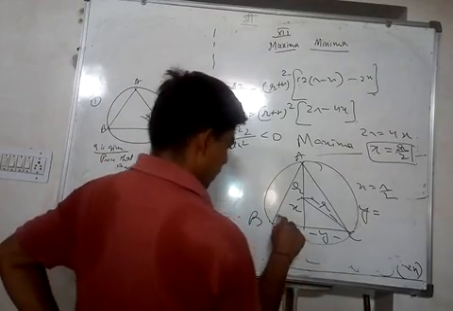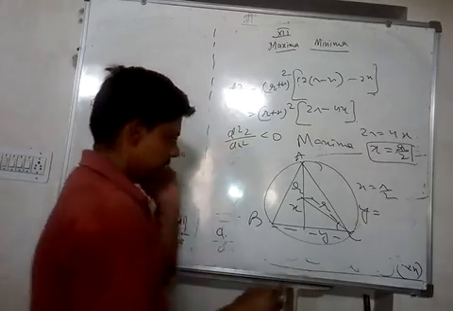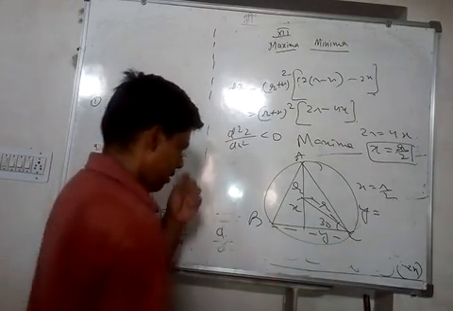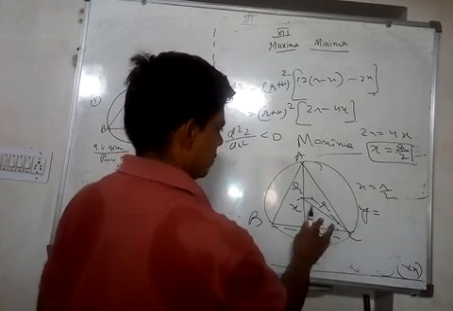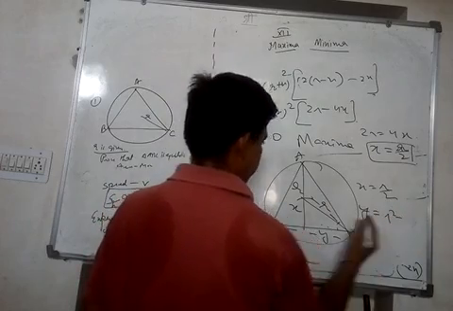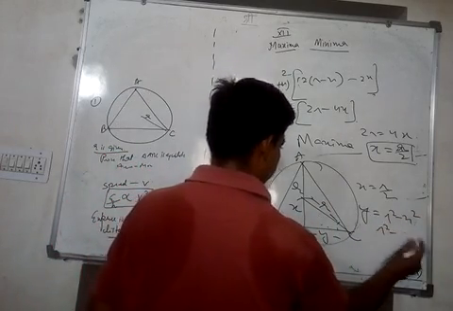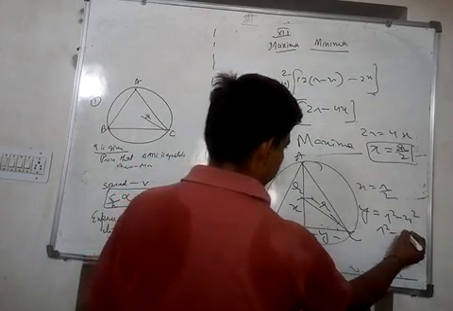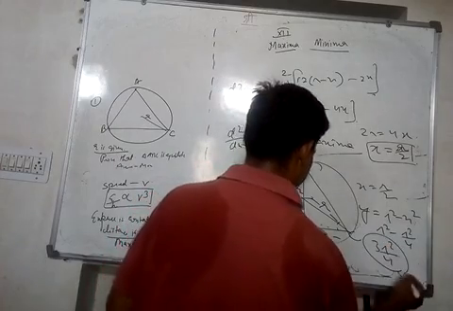If you can prove that this angle is 60 degrees, that is, if you can prove that this angle here is 30 degrees, then perhaps this can be done. So let's find the value of Y. It is R square minus X square, that is R square minus, X square is R square by 4, so 3 R square by 4.